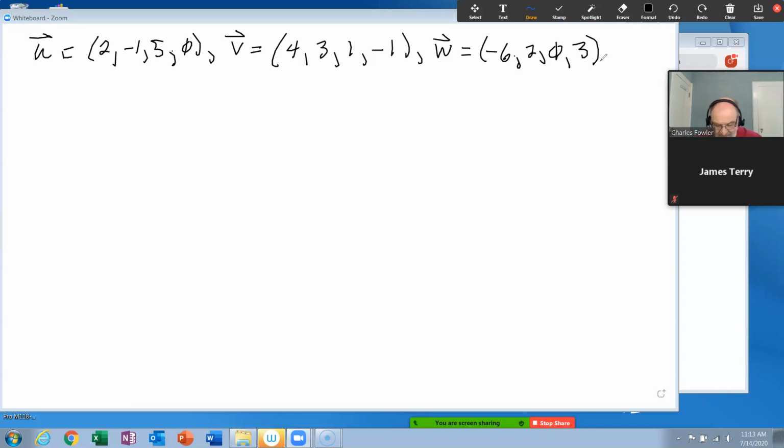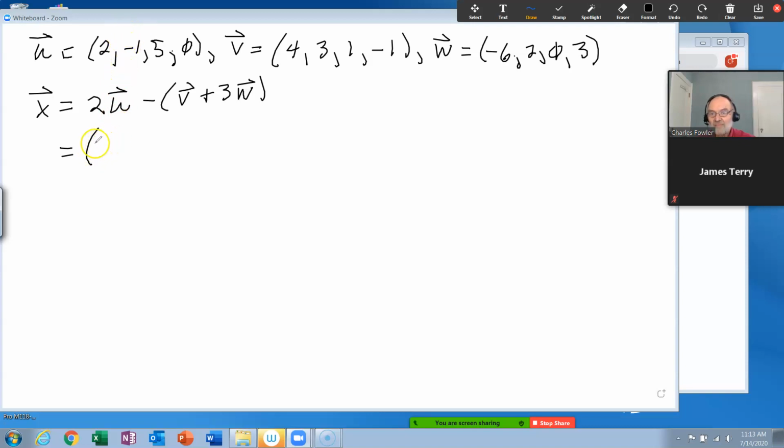It says find x using each equation. So here's what we're looking for, vector x. The first one, the A one, says it's 2u minus v plus 3w. I'm going to start by doubling u.